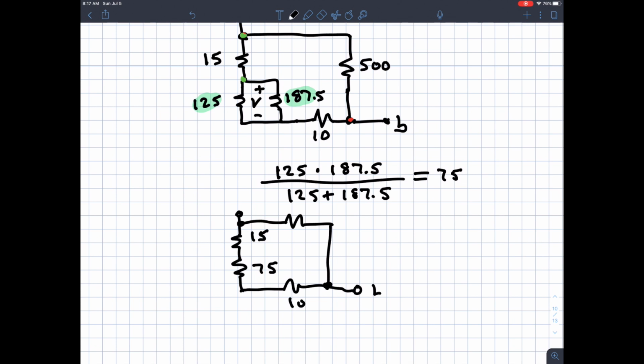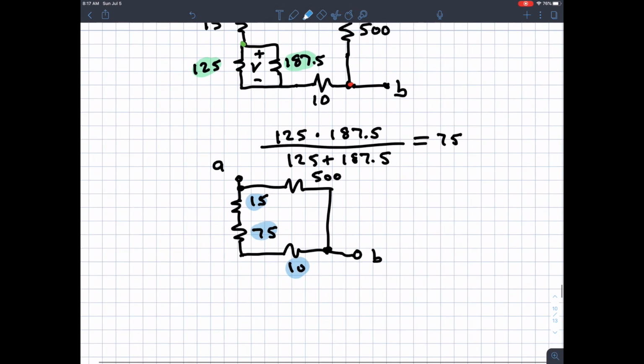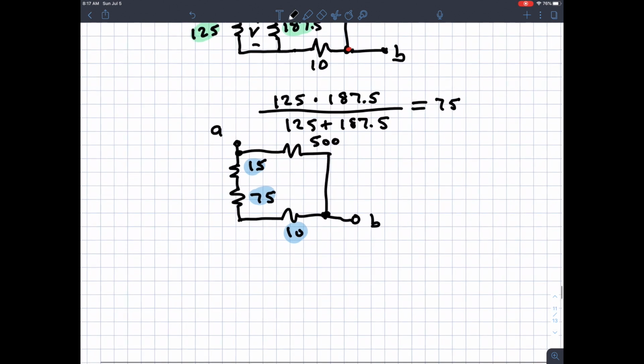Here's point B. Here's point A. 500 is still here, and 10. We've already marked that down. Now I'm looking at this and asking myself what's in series and what's in parallel. I can identify these three as having the same current going through them, so those are in series.